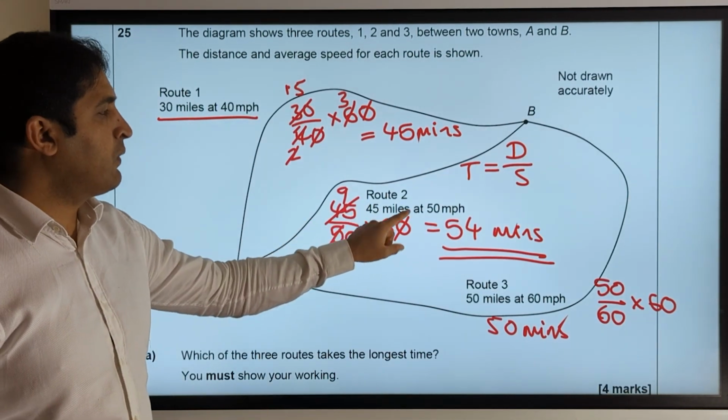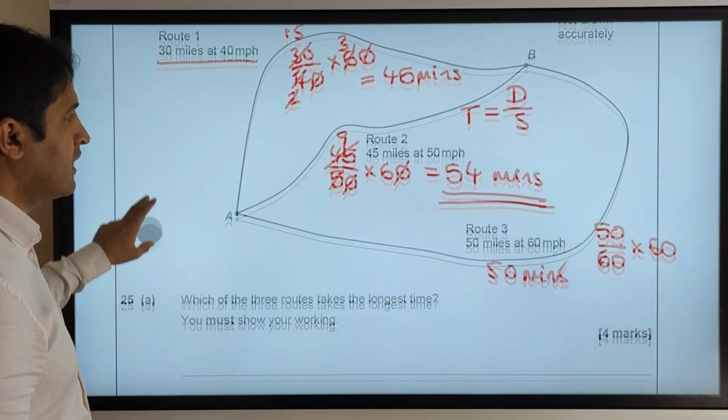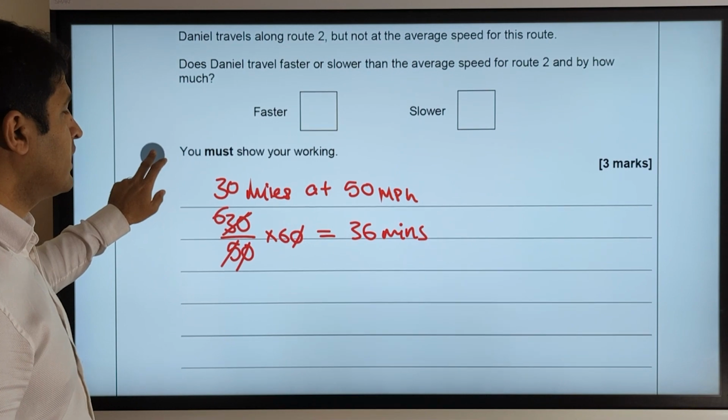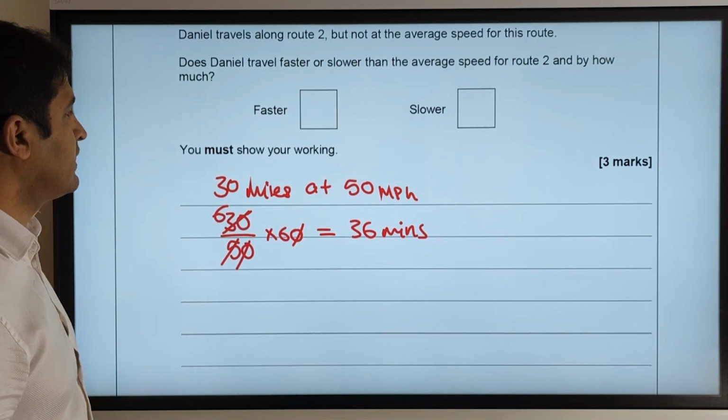He needs to travel 45 miles in 36 minutes. Okay, so what is the speed he needs to be traveling at? He needs to travel 45 miles in 36 minutes.